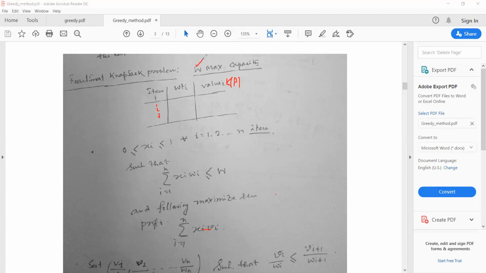So what is our target? Our target is to set up a solution so that we use the profit per unit weight, vi by wi, and sort it in such a fashion that item i and item i plus 1 are in sorted order. Which one gives the maximum profit?